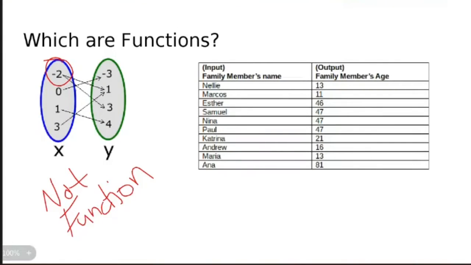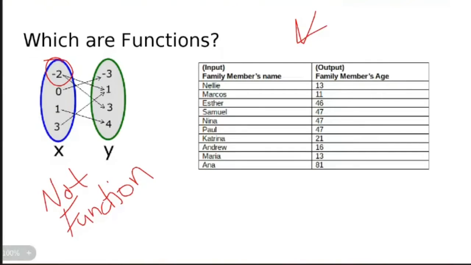Take a look at this one right here. I have a bunch of students in my class like Nellie and Marcos and Esther, and I asked them how many family members' ages they add up. But if I ask every student, they're not going to have 2 answers.